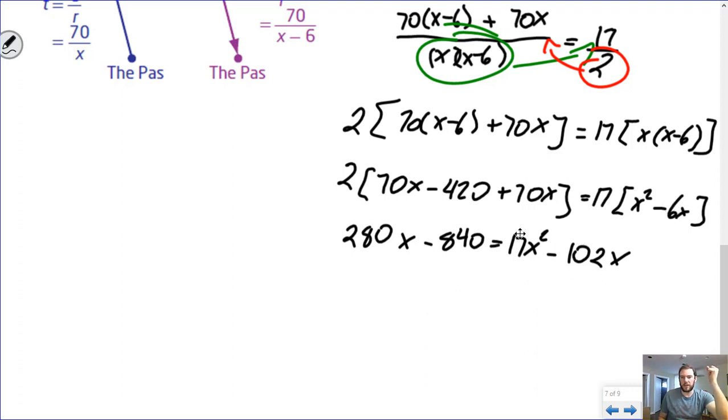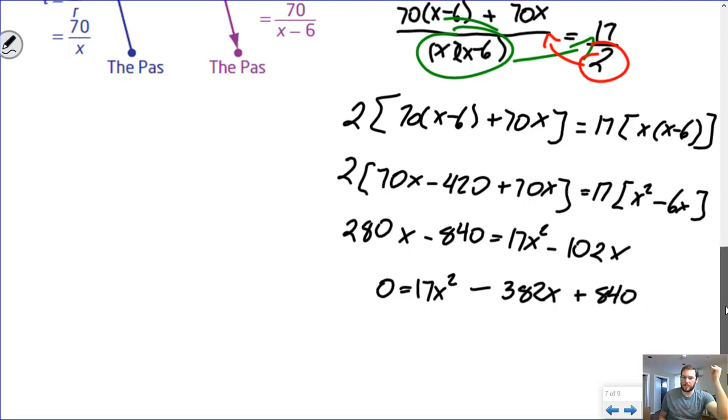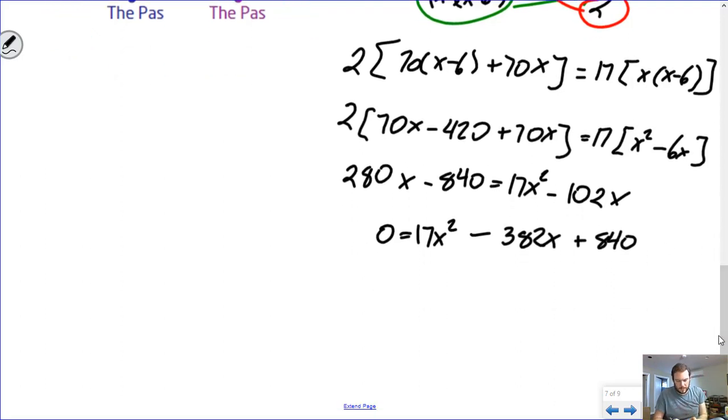All right, and then if I move everything to the same side, so 0 is going to be equal to 17x squared minus 102 plus 280 is 382x plus 840. So at this point, it's a little ugly, but let's see if things clean up a little bit here.